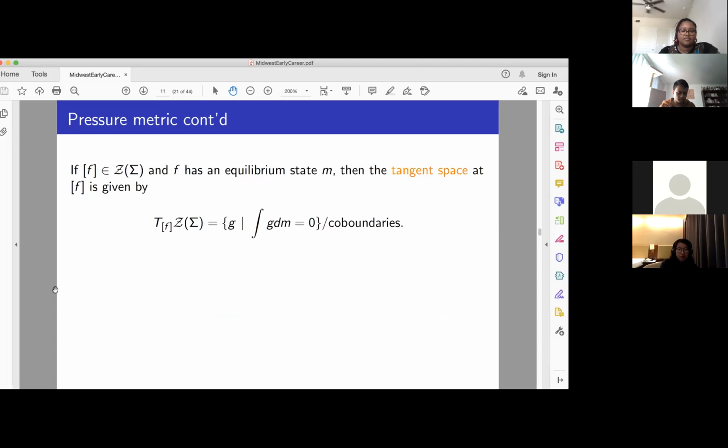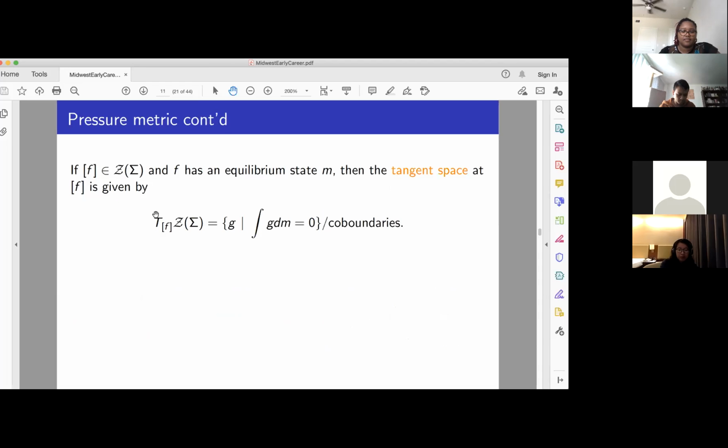Right. So now we want to understand, what is the tangent space? If I pick a point f, which is a cohomology class of such functions, then what is the tangent space, right?